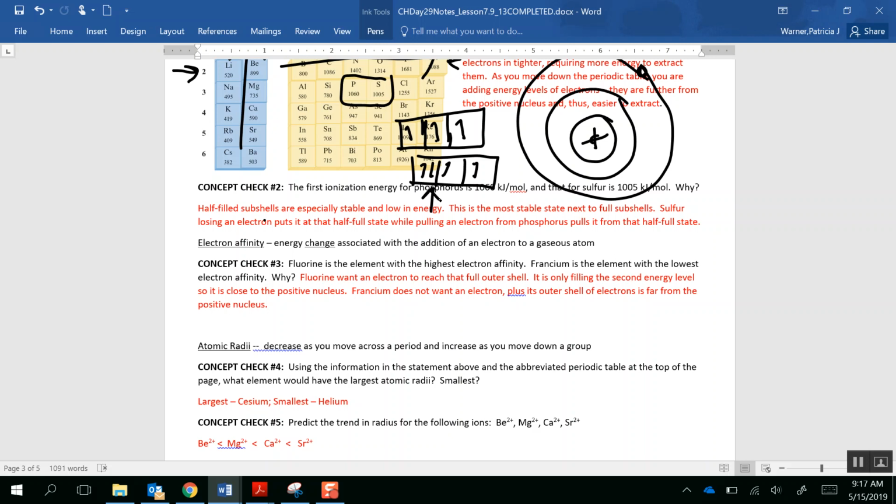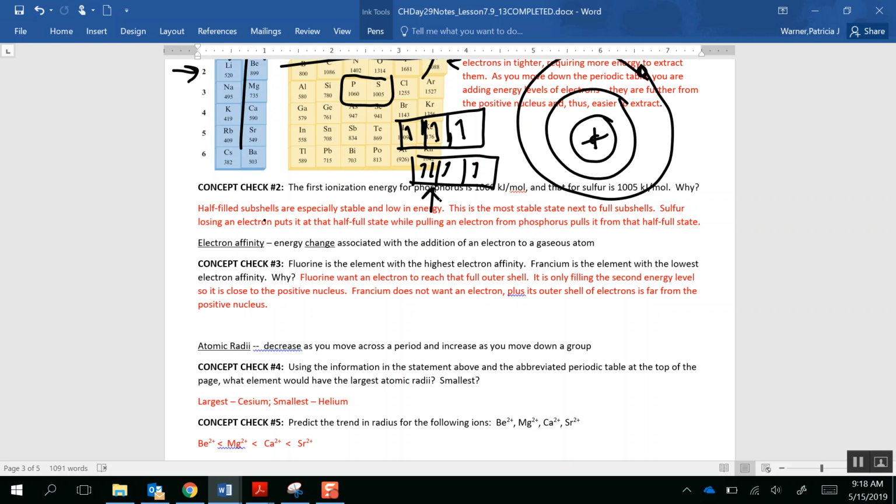Electron affinity is the energy change associated with the addition of an electron to a gaseous atom. Fluorine is the element with the highest electron affinity. That means it's going to have the greatest change in energy if I add an electron. And that's because fluorine wants an electron to reach a full outer shell, and it's close to the nucleus, so that electron is going to have a lot of pull.